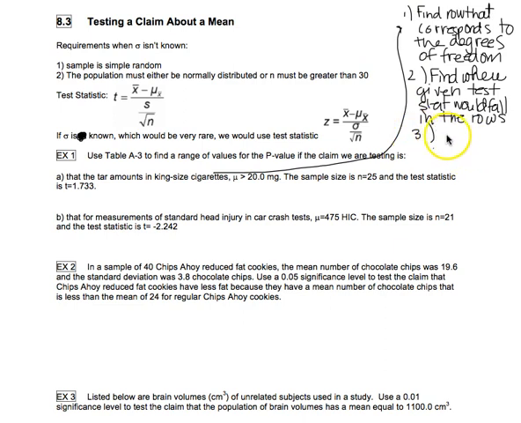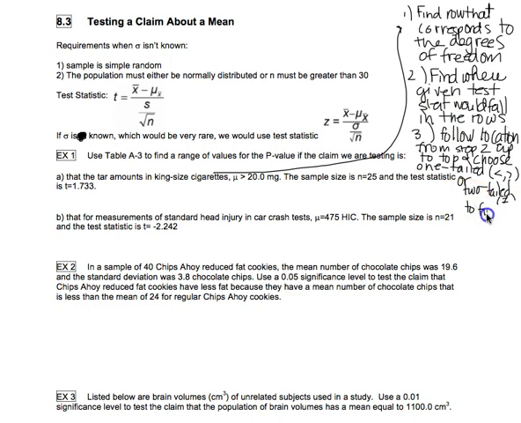Then once you found where it would fall, you follow that location from step 2 up to the top of the chart and choose one-tailed, and that's if it's a less than or a greater than, because both left and right-tailed are one-tailed, or two-tailed, which would be for a not equal, to find the range. And again, sometimes the steps don't make sense until we actually look at it.